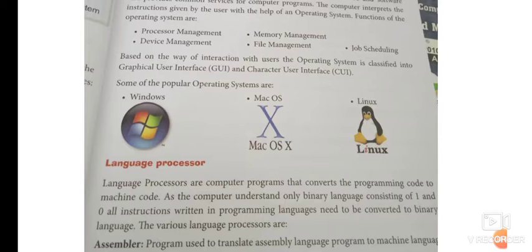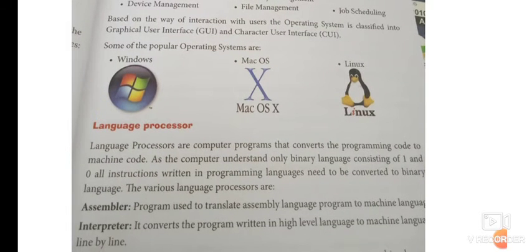First is the graphical user interface, in which we interact with the operating system in a graphical manner with the help of the mouse, like in Windows. In the character user interface, we interact with the operating system with the help of the keyboard, giving commands. Some popular operating systems are Windows, Mac OS, and Linux.